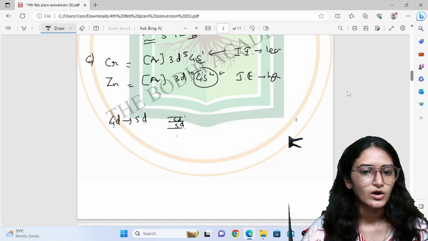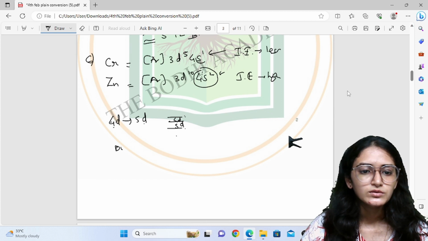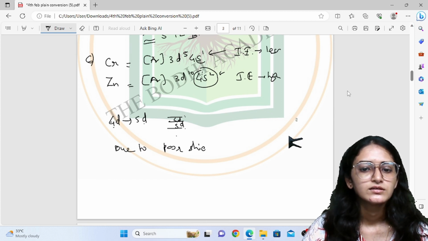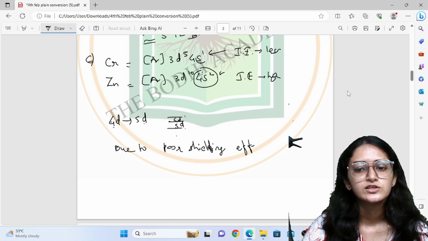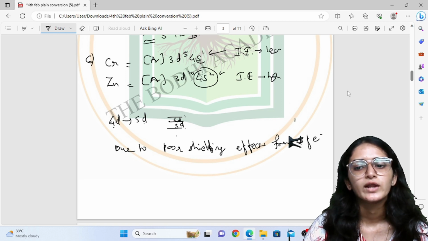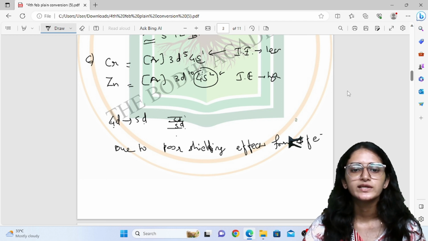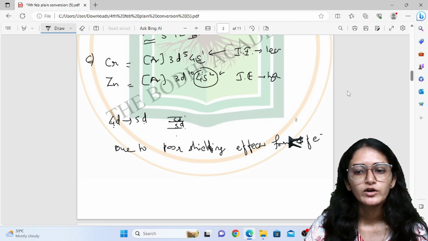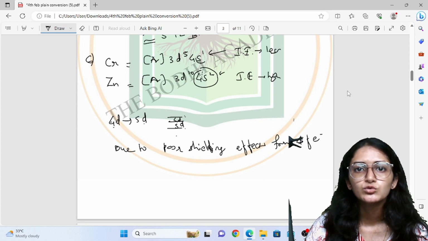This is due to the poor shielding effect of 4f electrons, or the 4f orbital. In the 5d series we get the 4f orbital, and the 4f orbital has a poor shielding effect.